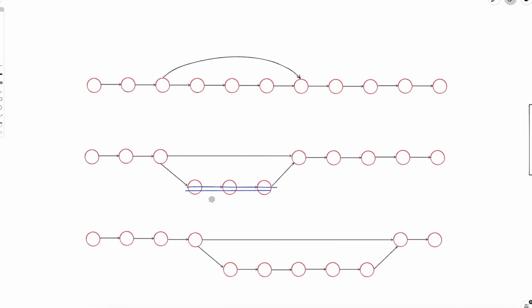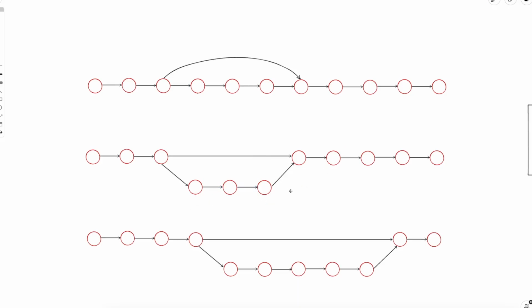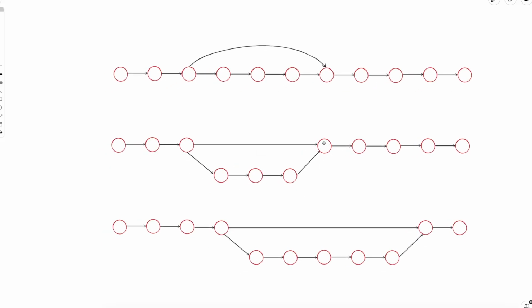So if there is an edge like this, we are certain that there will not be any edge like this, and because there will not be any edge that is crossing this boundary, it means there can be edges like this or there can be edges like this, but any of these edges will not matter to us. Why? Because even if these edges are there, you know that you will not be visiting any of these edges. You will simply be visiting this edge and short circuiting these nodes fully.